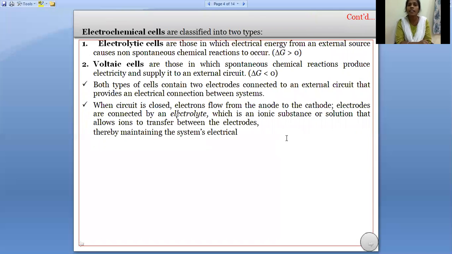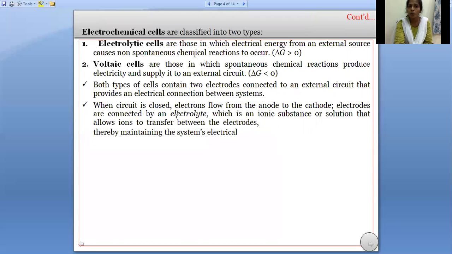Now let us see the classification of electrochemical cells. Electrochemical cells are classified into two types: the electrolytic cell and the galvanic cell. A galvanic cell is also called a voltaic cell.